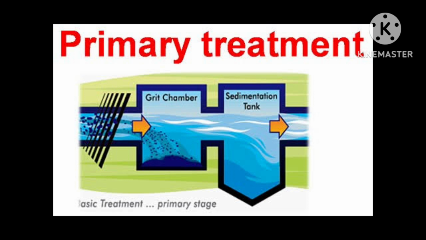Second, now silt and grit removal. How will we remove silt and grit? Grit means sand, broken glass, etc. These are removed by passing sewage through grit chambers in which the velocity of flow of sewage is reduced.